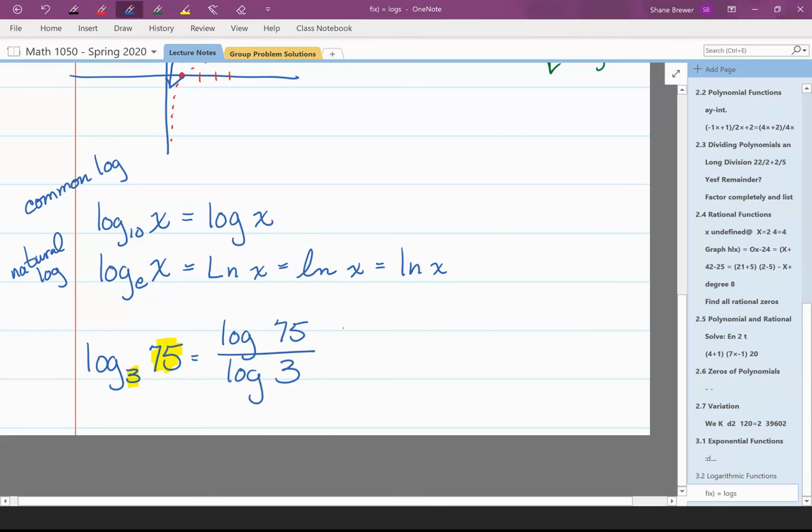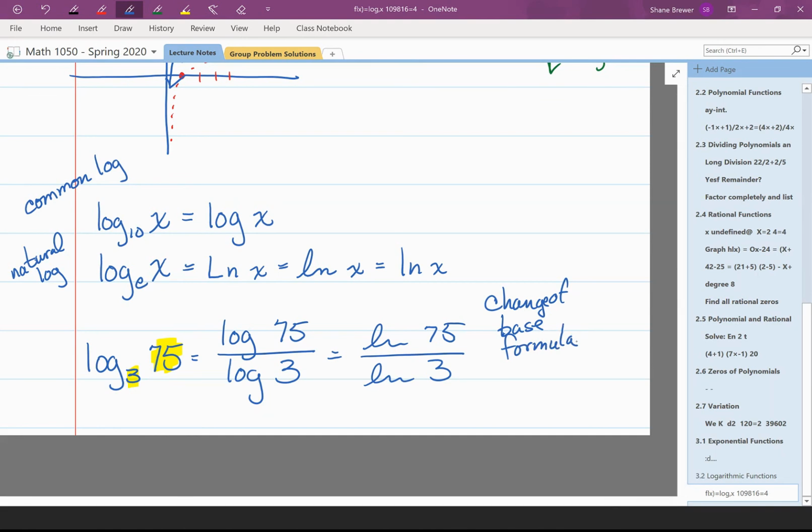Same thing if you decide to do the natural log, it's ln of 75 divided by ln of 3. You can see the pattern. So using that change of base formula, you can do any log you want. So it's fine that our calculators only have two bases on them because we'll just change everything else to one of them. Okay? All right.